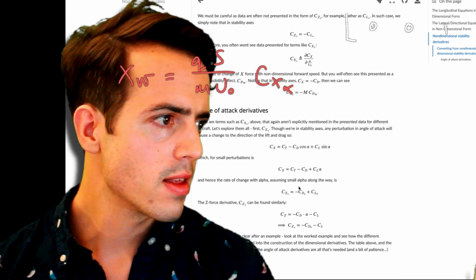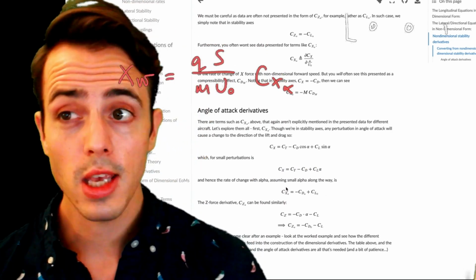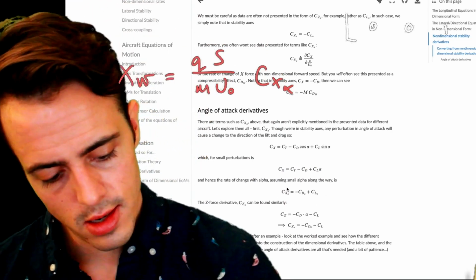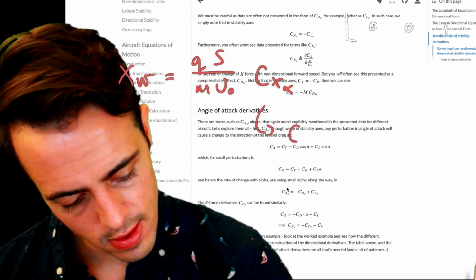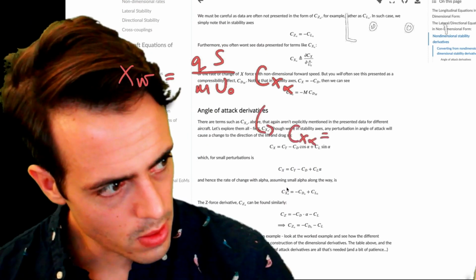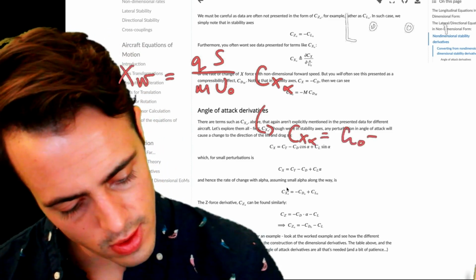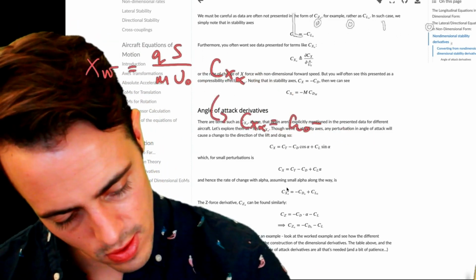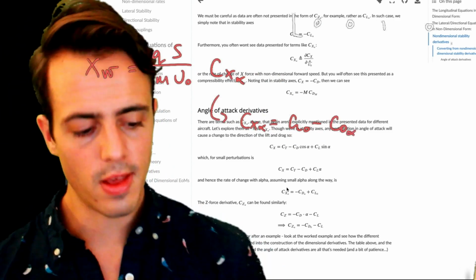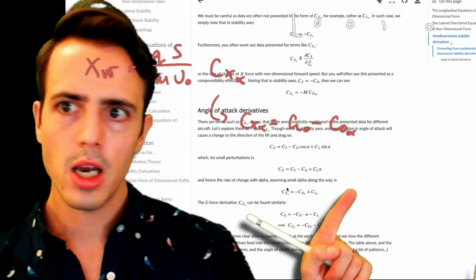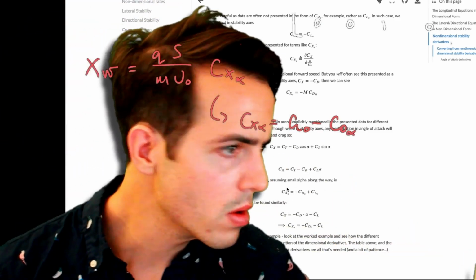I go through and give you the reasoning for why this is done, but Cx alpha is equal to CL naught minus dCD by d alpha, which is CD alpha in this case.